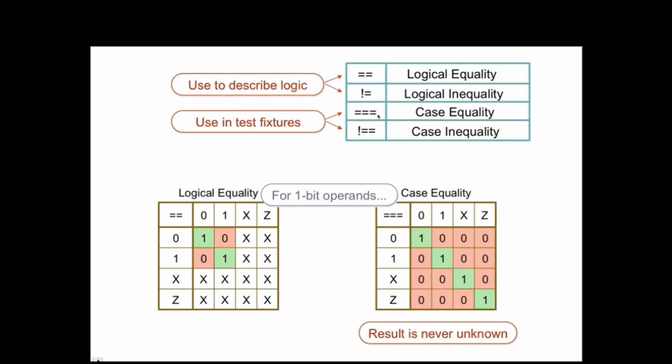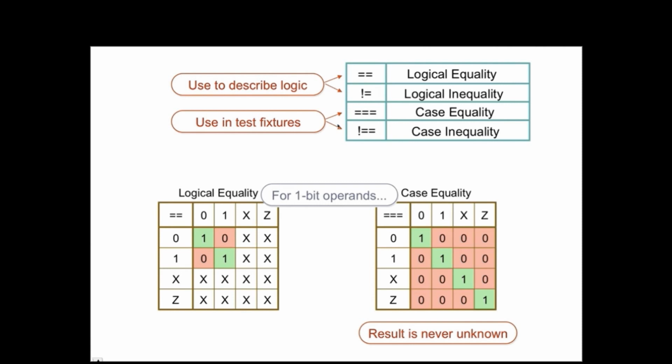The difference between these two is that the double equals really only checks for zeros and ones. So if you've got 0 and x or x and 0, then you get an unknown value, which is okay for logical kinds of things, but it doesn't really work for something like checking the output of your design in a test bench.